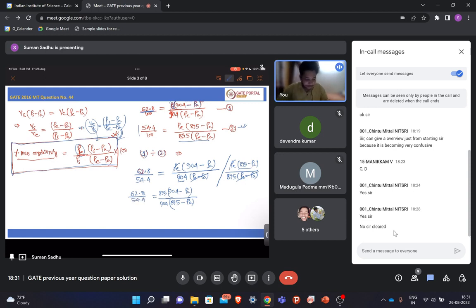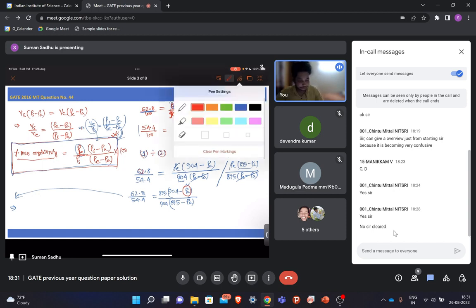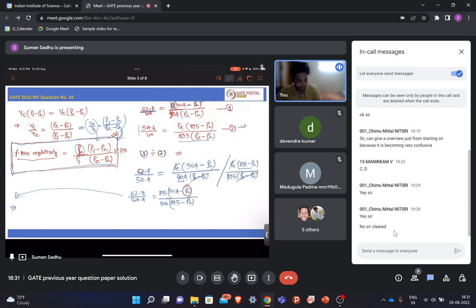Now let us arrange this equation in order to find the value of rho a. We have to find out the value of rho a, that is the density of the totally amorphous part. So now let's write the equation here and simplify this equation. Can anyone calculate this ratio and let me know?